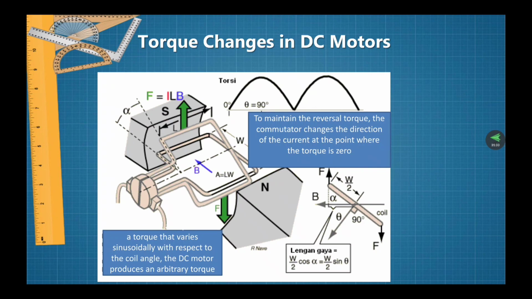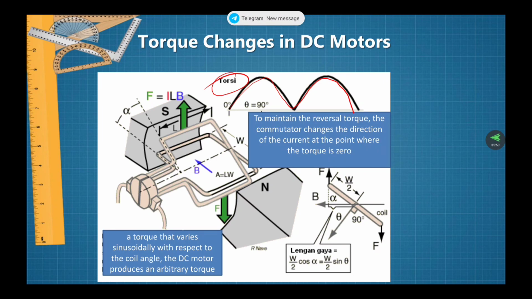To maintain the torque direction, the commutator changes the direction of the current at the point when the torque is 0. This is the torque of the DC motor, a torque that varies sinusoidally with respect to the coil angle.